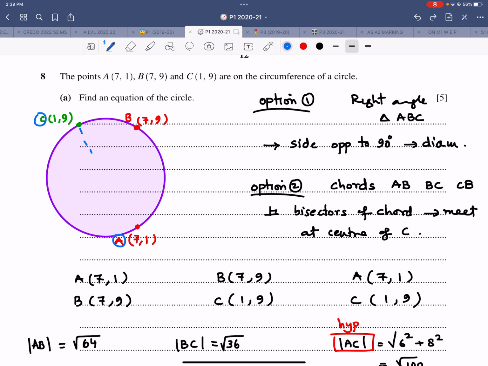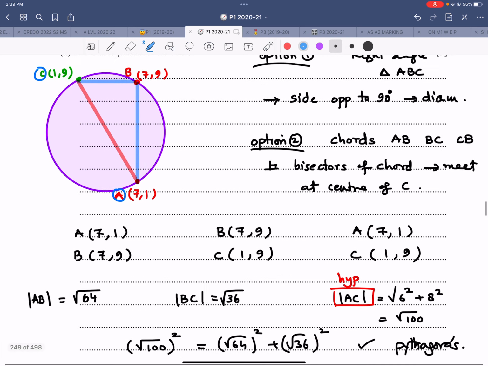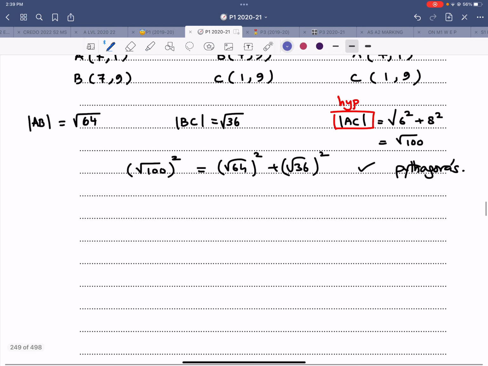So let me draw a nice line. Let me draw this orange line. So this is the diameter. That means what I need is to find the midpoint of this diameter.